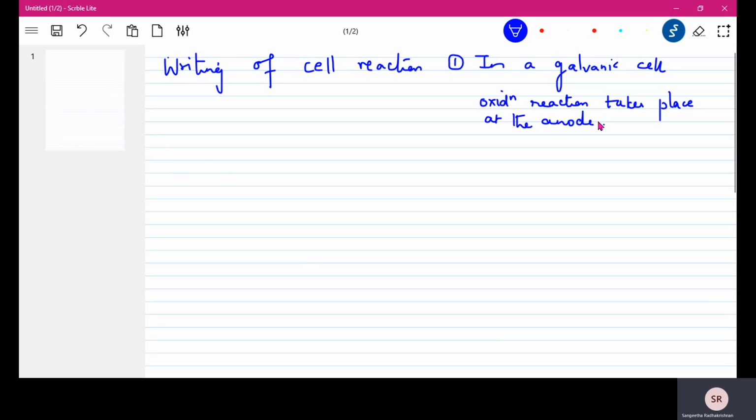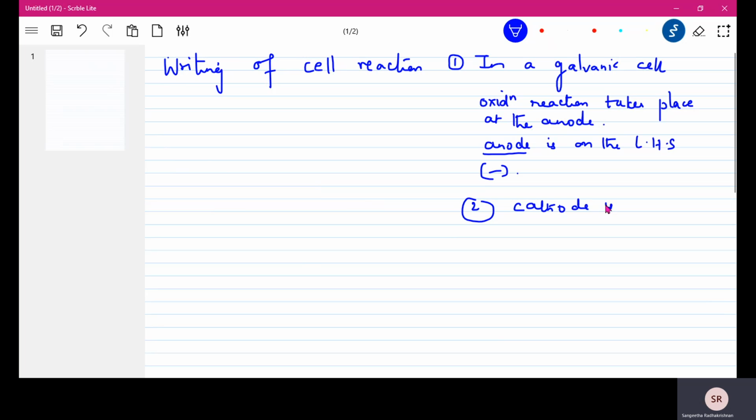Oxidation reaction takes place at the anode, and in a galvanic cell, the anode is on the left hand side. Okay, so the electrode which is on the left hand side is the anode, and oxidation reaction takes place here. And what is the sign of the anode? It is negative.